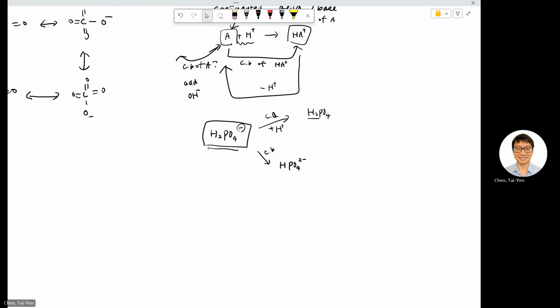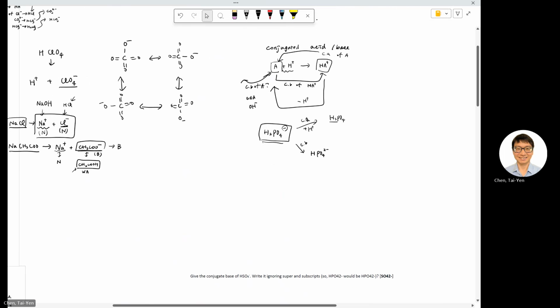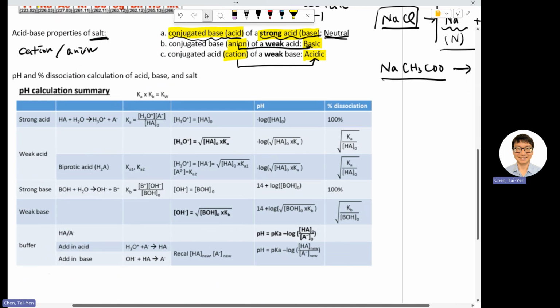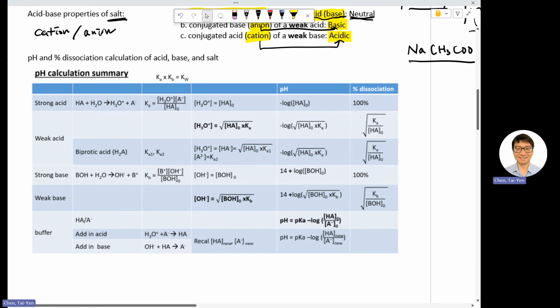So what we're going to learn today is actually the core of chapter 13. We're going to tell you the equation that you need to memorize. I'm going to highlight the things that you need to know.